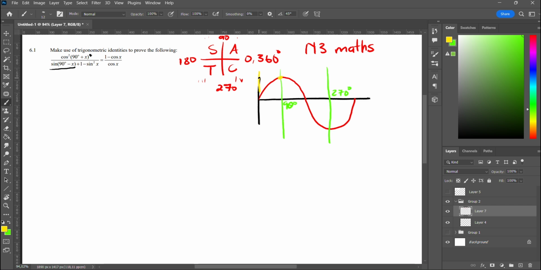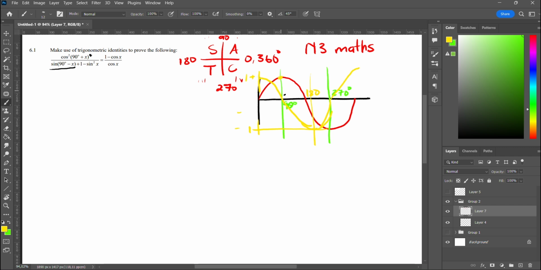So your starting point is gonna be from there, and at 90 it would be then, because this is 180, at 90 it would then be 0, and at 180 it would be minus 1, and at 180 it would be 1, and then at 270 it would be 0, and then at 360 it would be 1.